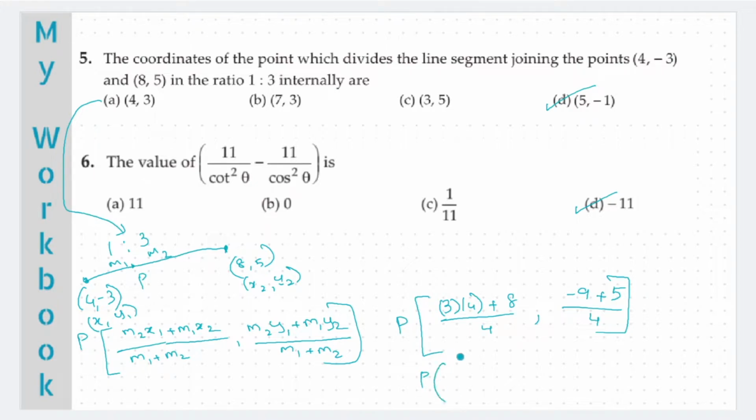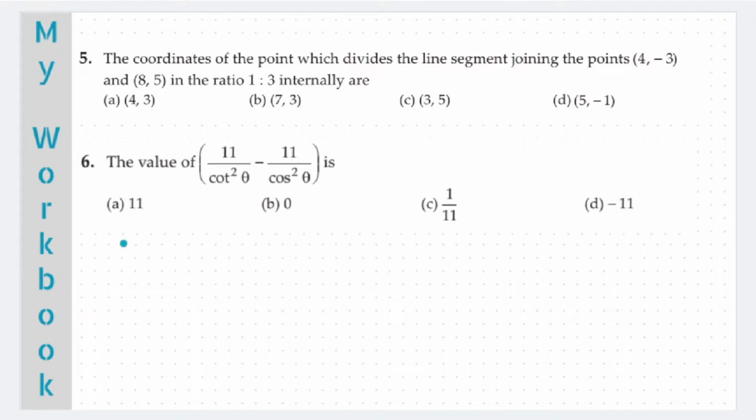So the coordinates will be 12 plus 8 is 20 by 4, comma minus 4 by 4, which on simplifying gives 5, comma minus 1. So option D, 5, minus 1, is the right answer.